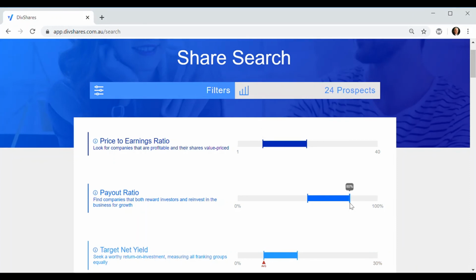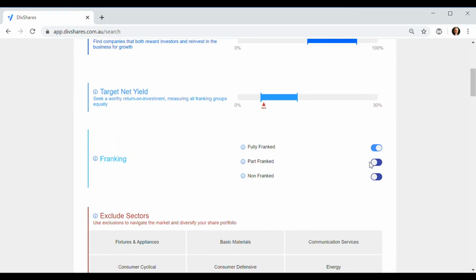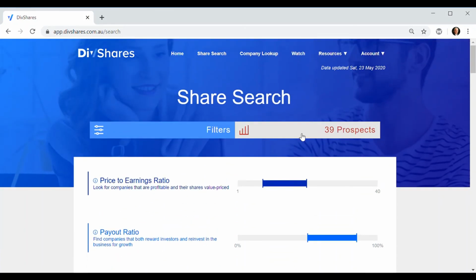Payout, let's shift that up to about 85. Net yield, let's push that down to say 5. We're going to include all franking groups in our search. And at this stage, we've got 39 prospects. Probably a little bit too many, but that's all right.